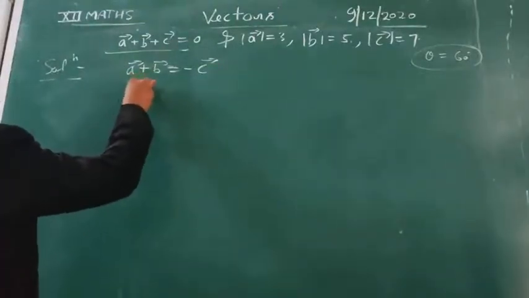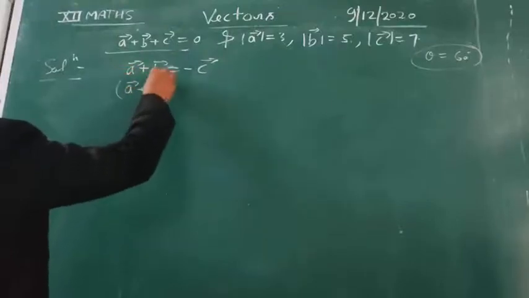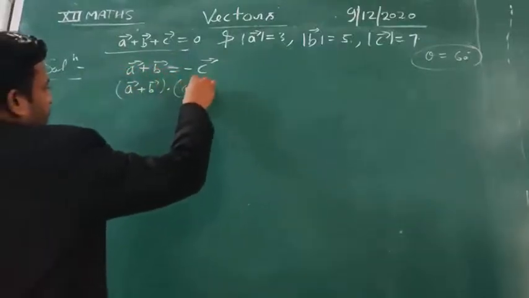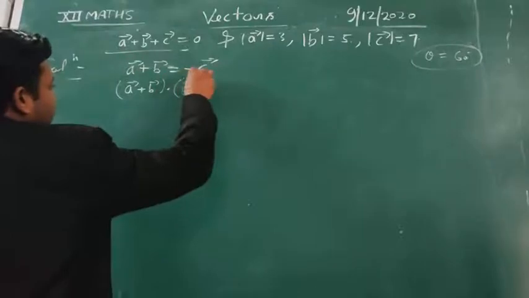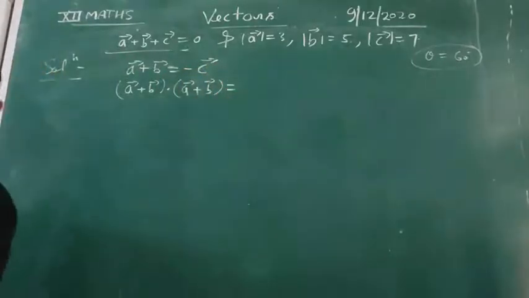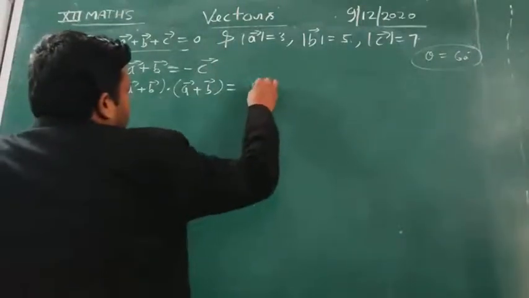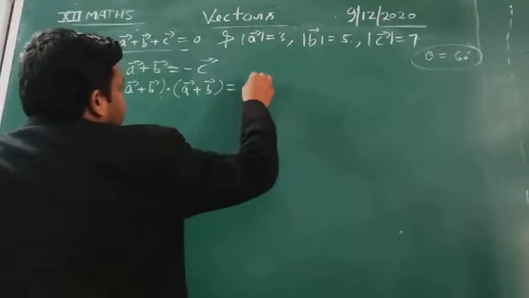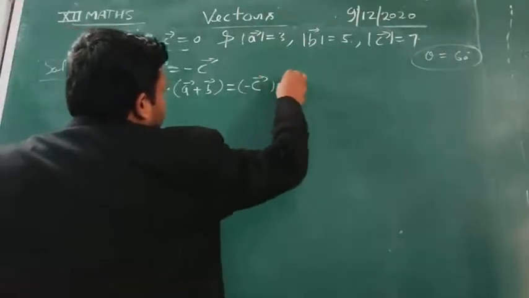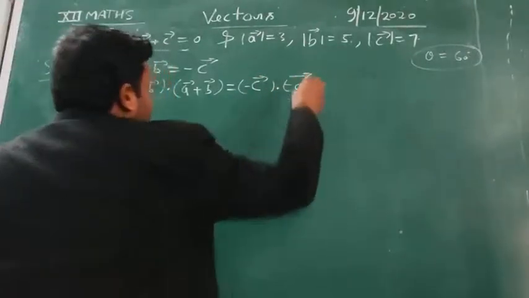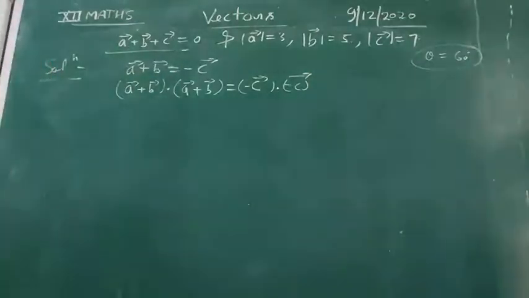So we will write A plus B into A plus B, and this is equal to minus C into minus C. The minus and minus will change to plus.